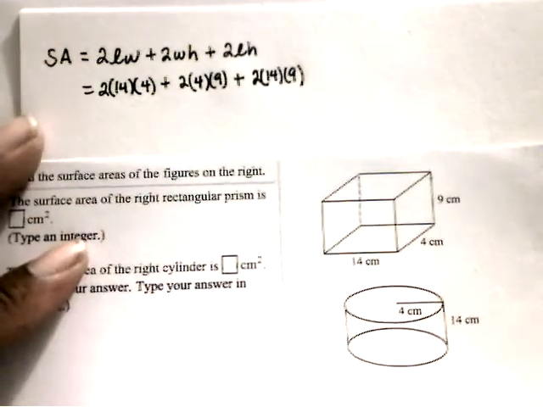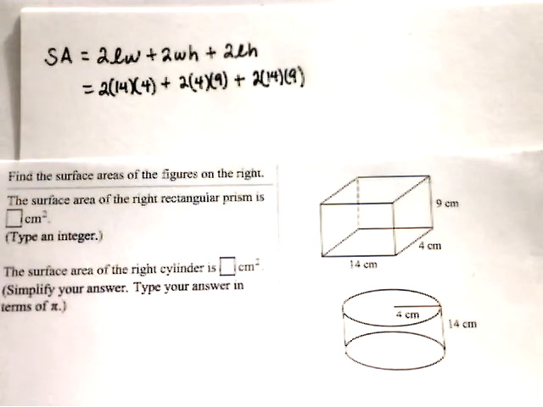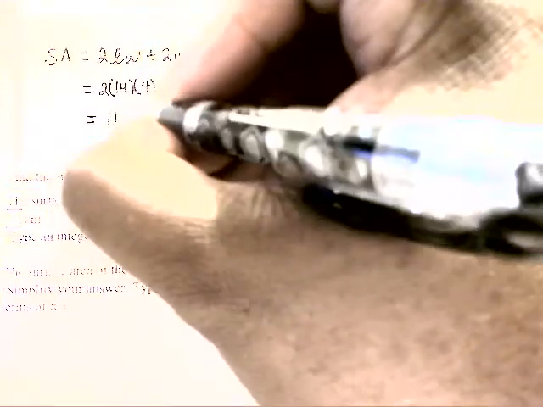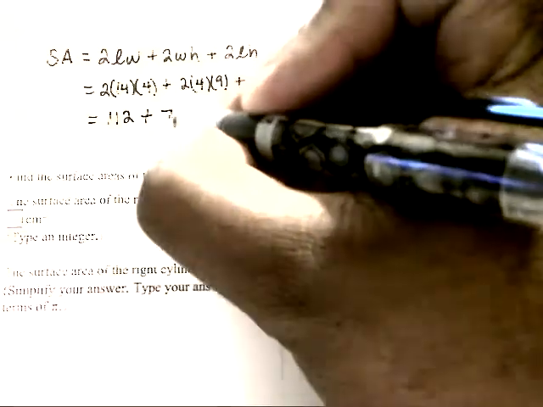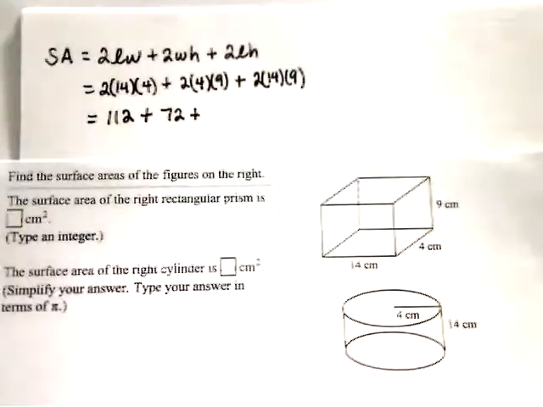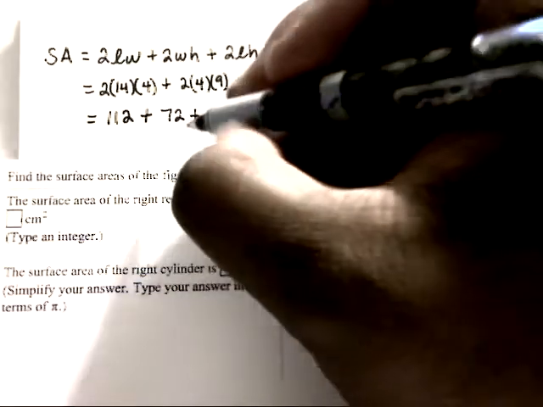So in this case, we're going to go ahead and multiply this out. And I'll put the units at the end when I'm finished with this problem. So here, 2 times 14 times 4 is 112, plus 2 times 4 times 9, that's going to give me 72, plus 2 times 14 times 9, that will give me 252.